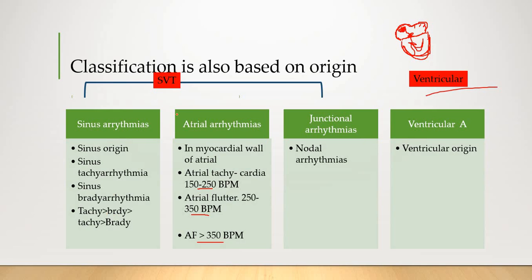There may be a condition with tachyarrhythmia followed by bradyarrhythmia, then tachyarrhythmia, bradyarrhythmia again, and this is usually called sick sinus syndrome, or sometimes Wolff-Parkinson-White syndrome. This is important. So the classification may be based on origin, and these are called supraventricular tachycardias.